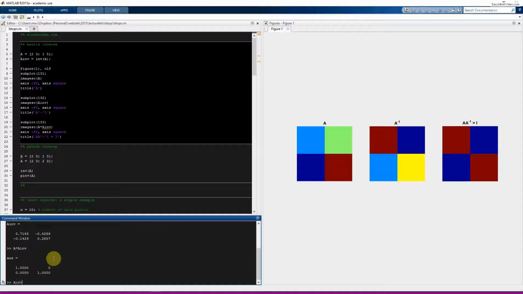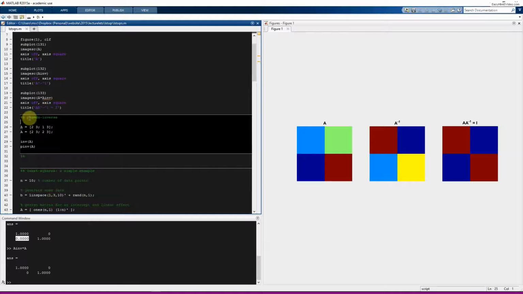And it turns out that this also works the other way around. So A inverse times A is also the identity matrix. This may seem strange to you, but computing the inverse is not always perfect. There are some numerical inaccuracies here, but that's okay. This is as close to zero as any computer or any human being will care about.